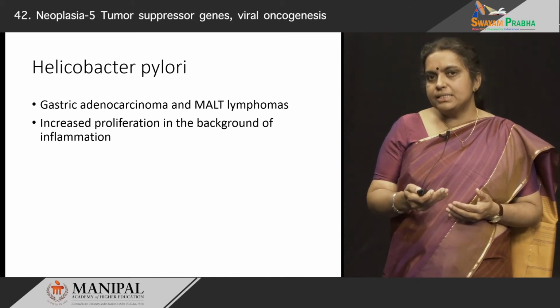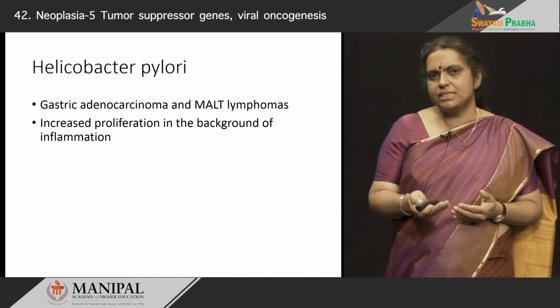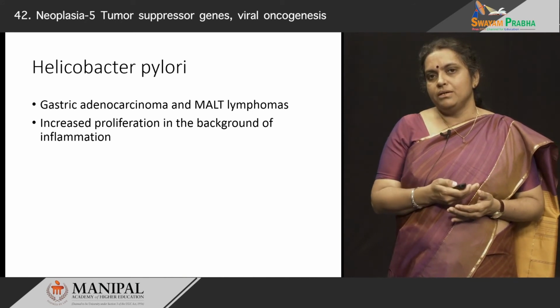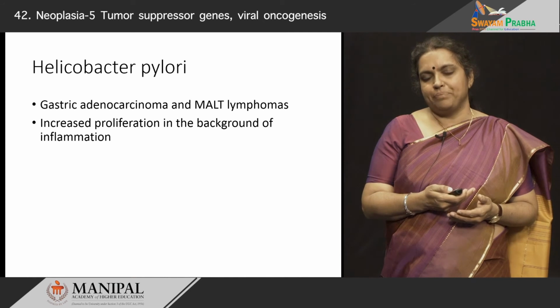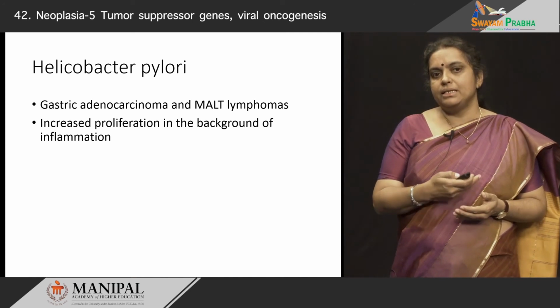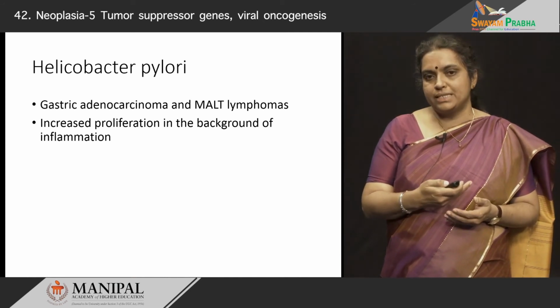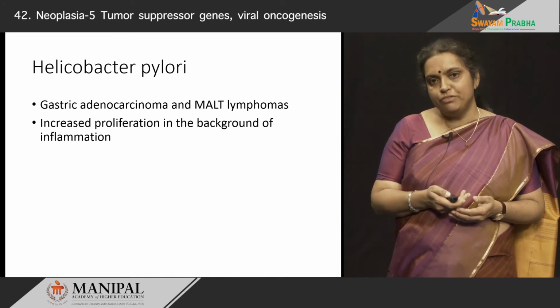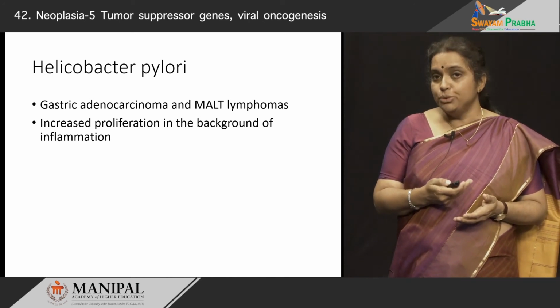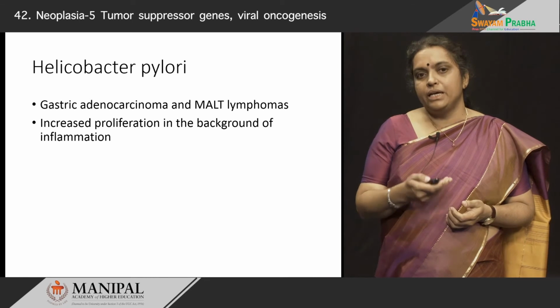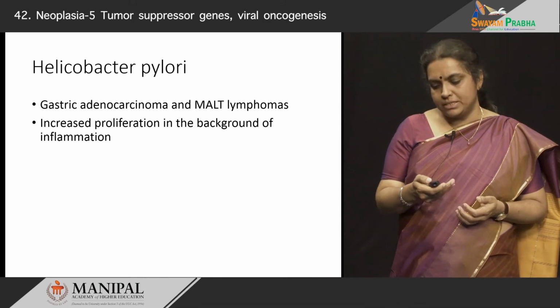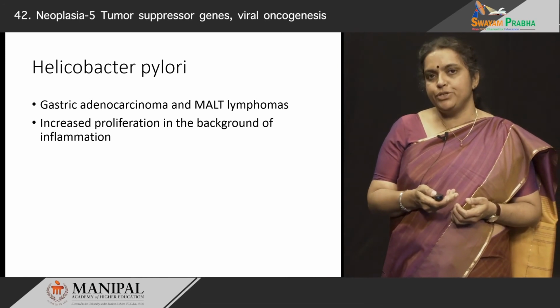Again, the pathogenesis is somewhat similar to what we saw in hepatitis viruses, that is, there is increased proliferation of the cells in the background of inflammation. There are no oncoproteins per se involved in the carcinogenetic process in H. pylori induced cancers.